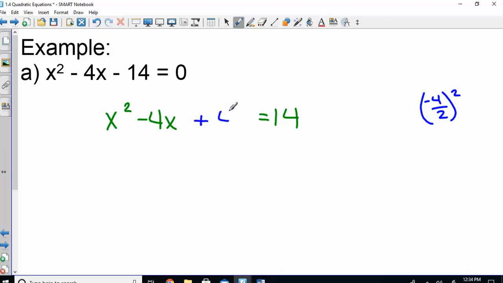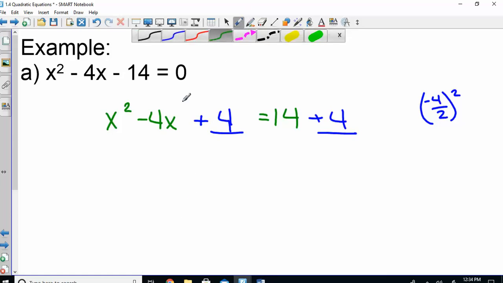It's an equation, so whatever you do to one side, you do to the other. So I add 4 to each side. Everyone understand where that 4 came from? Now, we have made a perfect square, so this will factor.